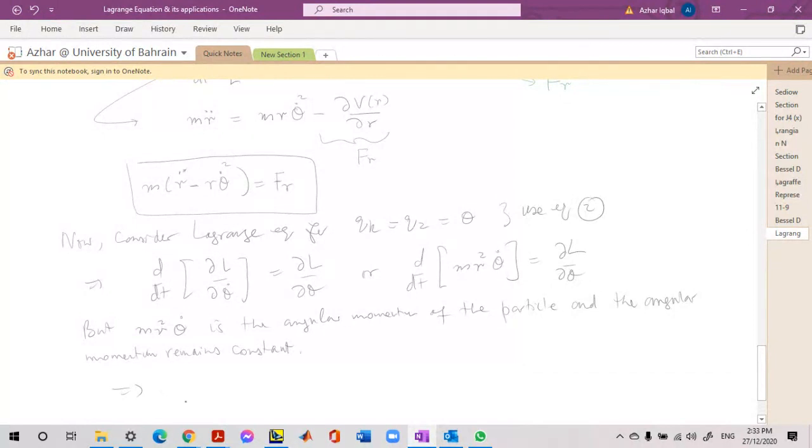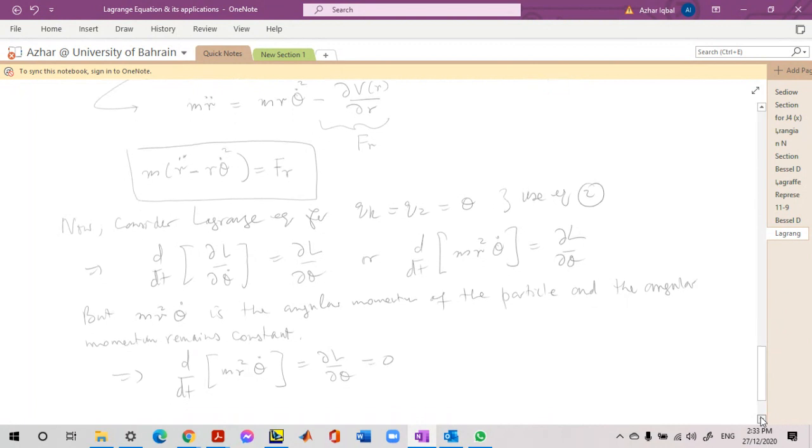Which means that d over dt of m r square theta dot, which is equal to partial L over partial theta, should be equal to 0, because this quantity does not change; it's angular momentum.